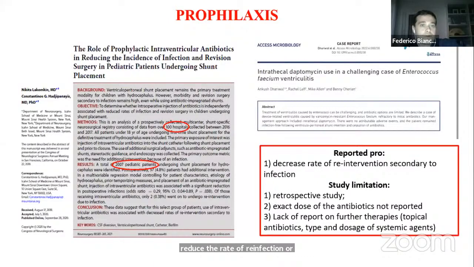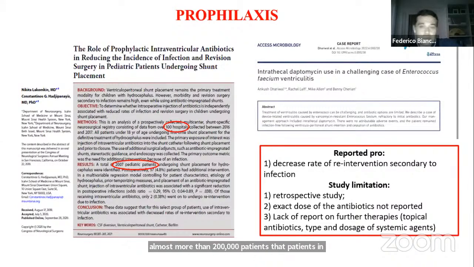In this work of 2021, data were retrieved from 100 hospitals, with more than 200,000 pediatric patients, in which vancomycin was used during surgery at the time of shunt placement.